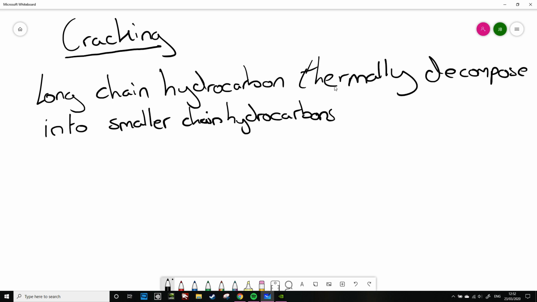So, thermally decompose, we use heat to break it down from that long chain into that smaller chain.